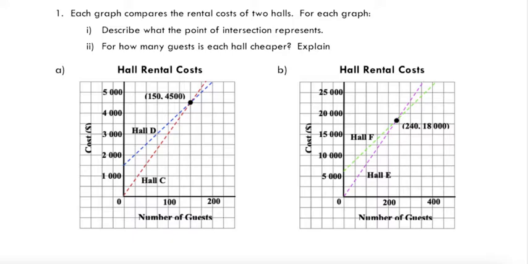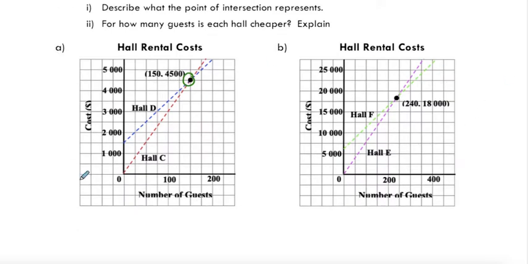So the first thing that we want to do is identify the point of intersection. The point of intersection for this first graph is right here at the coordinate (150, 4,500). So what does that mean? Well, that means when you have 150 guests, then the cost of each hall will be exactly the same.